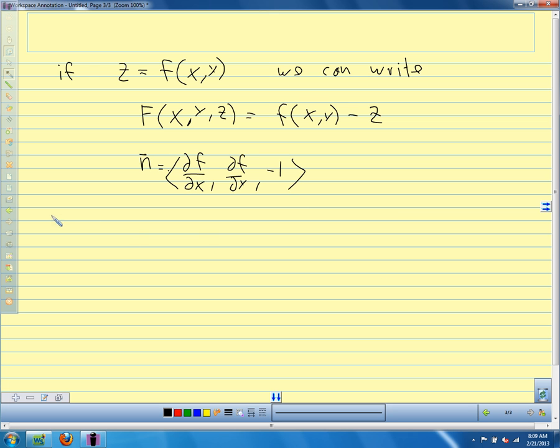And if we have our function f of x y z equals a constant, our normal vector at our particular point is just going to be given by our gradient.